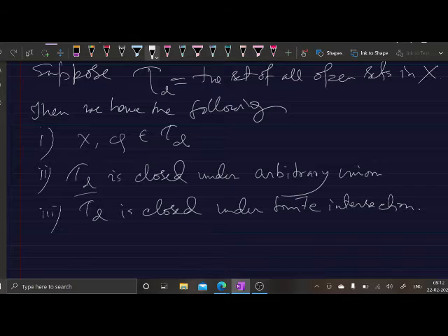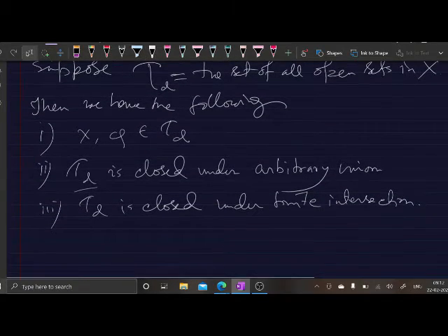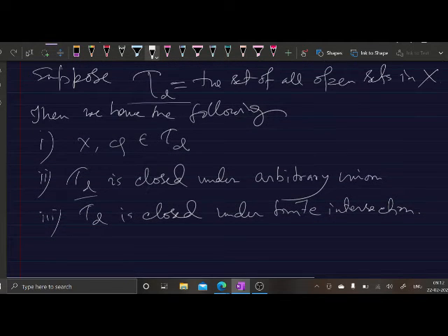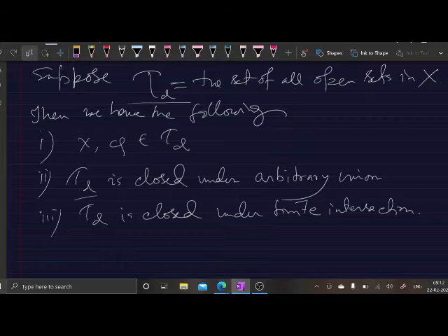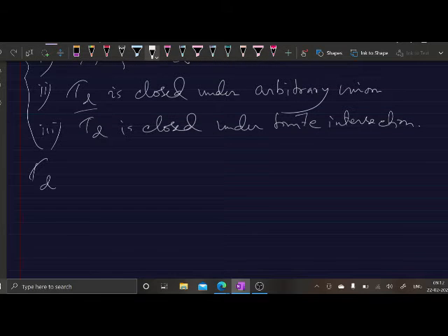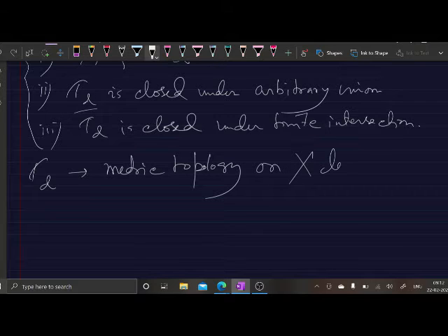Okay, so if you take any metric space, then you can define this collection of subsets of X which will have these following 3 properties. And that is why we call this tau_d the metric topology on X, but it is determined by the metric d, so it depends on d.